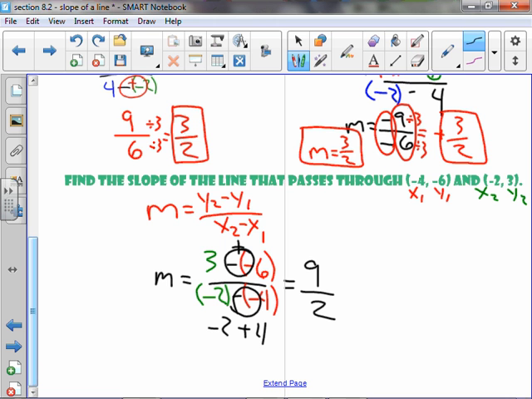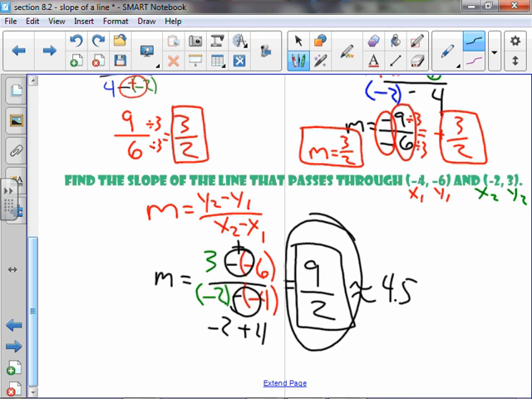These do not have a common factor, so I'm going to leave my slope as 9 over 2. But just so we know what 9 over 2 sounds like, that's 4.5. That's between 8 over 2 and 10 over 2, so this is about 4.5. But we're going to leave it as the fraction, 9 over 2. Not too bad, right? It's just a matter of knowing how to use negative signs, and we've mastered that already.